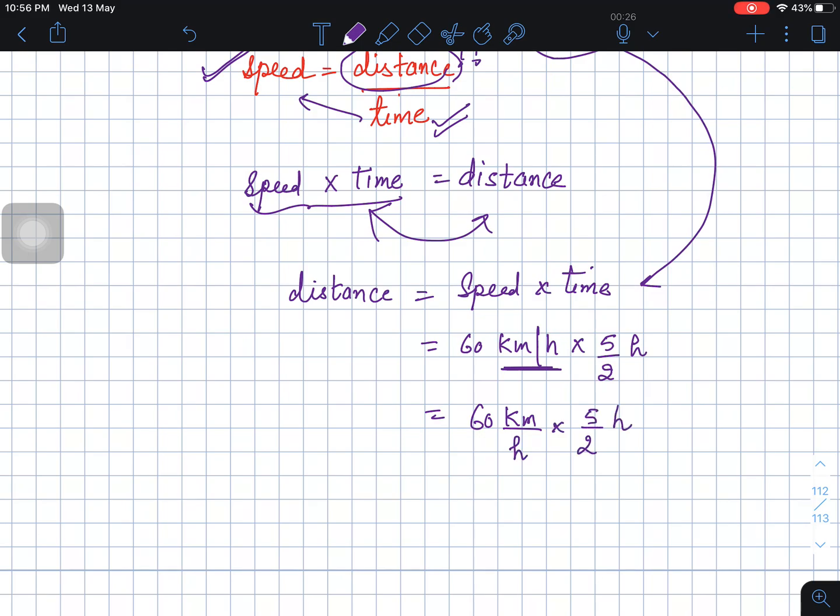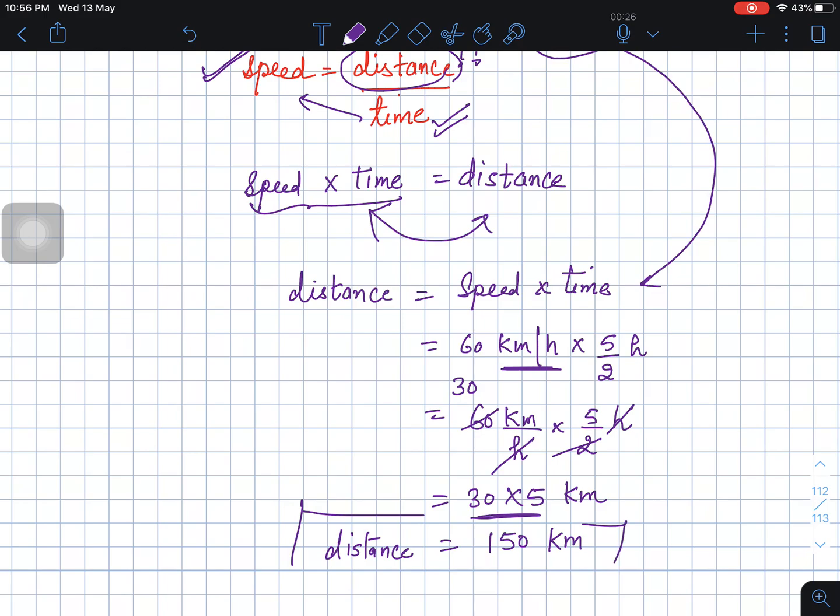Now hour gets cancelled with hour, 2 gets cancelled with 60, so you get 30. So you are left with 30 into 5 into kilometer. So this is 150 kilometer. So the distance is 150 kilometer.